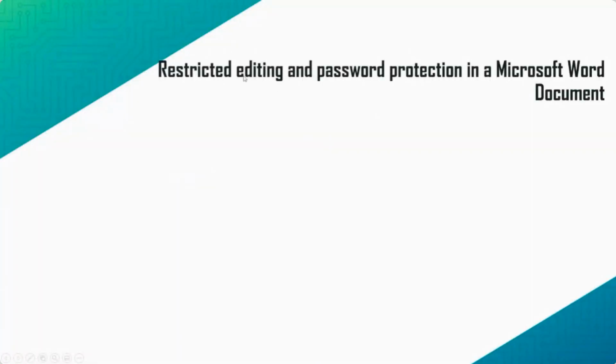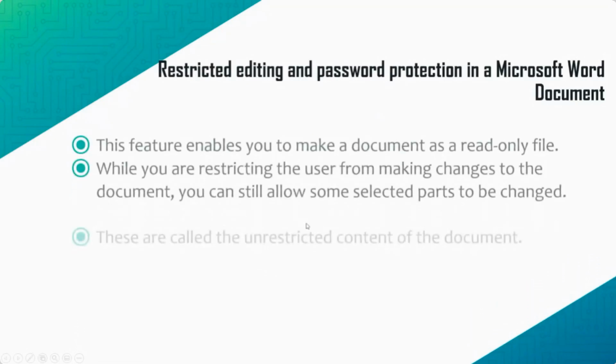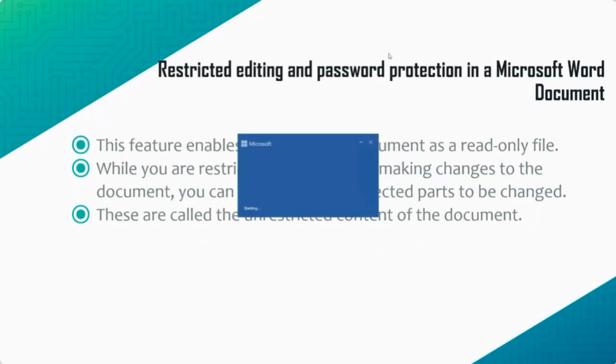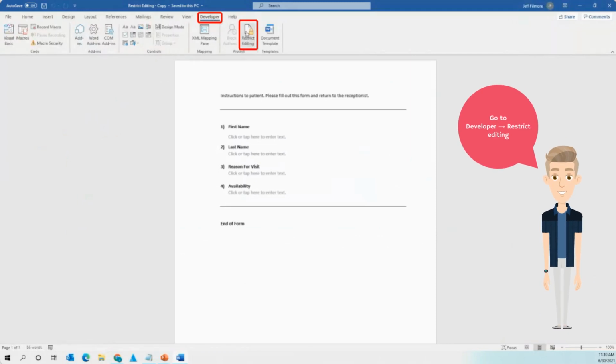All right, and this restricted editing and password protection, that's actually something I just went over a moment ago. So if you do create, for example, a form and you want to prevent people from editing anything besides entering the information that you want them to enter, you restrict the editing with a password using the option I showed you previously, where you go to Developer and Restrict Editing.